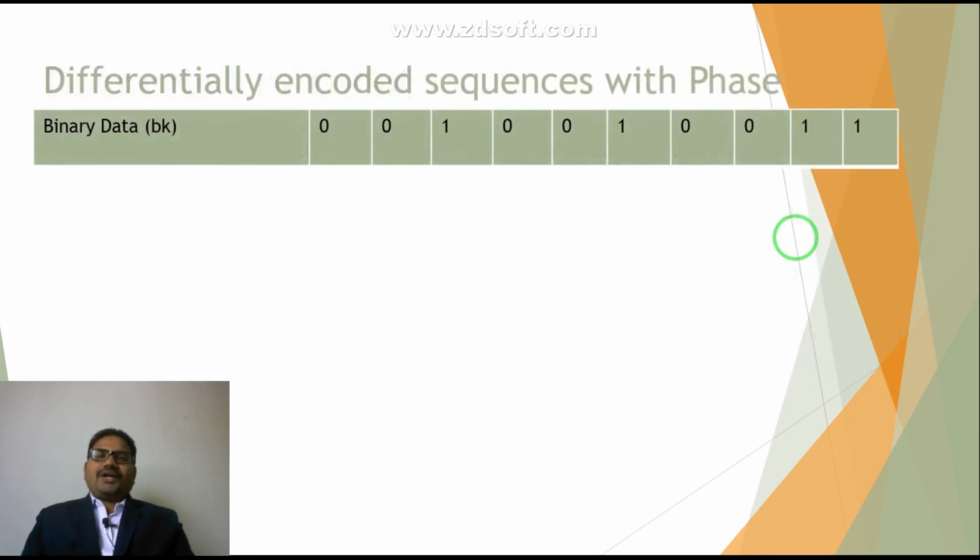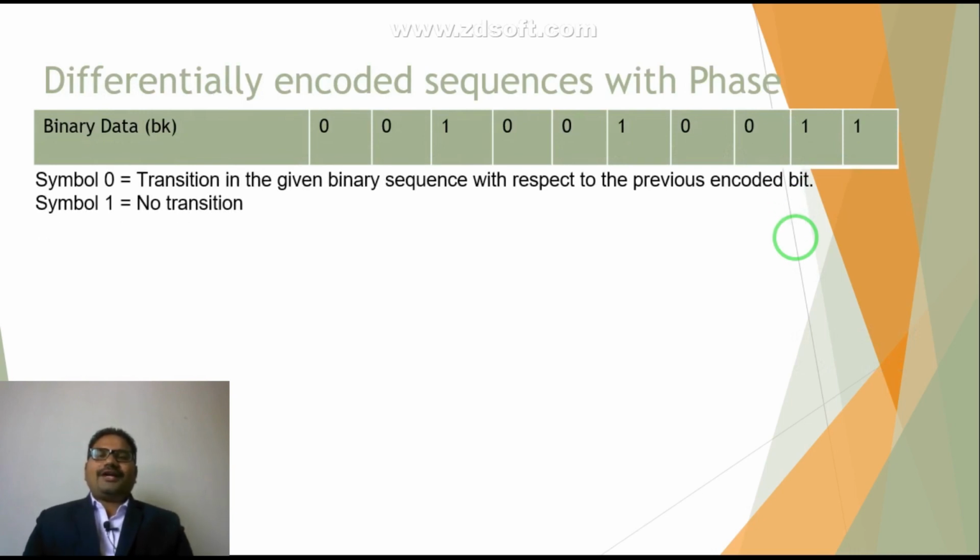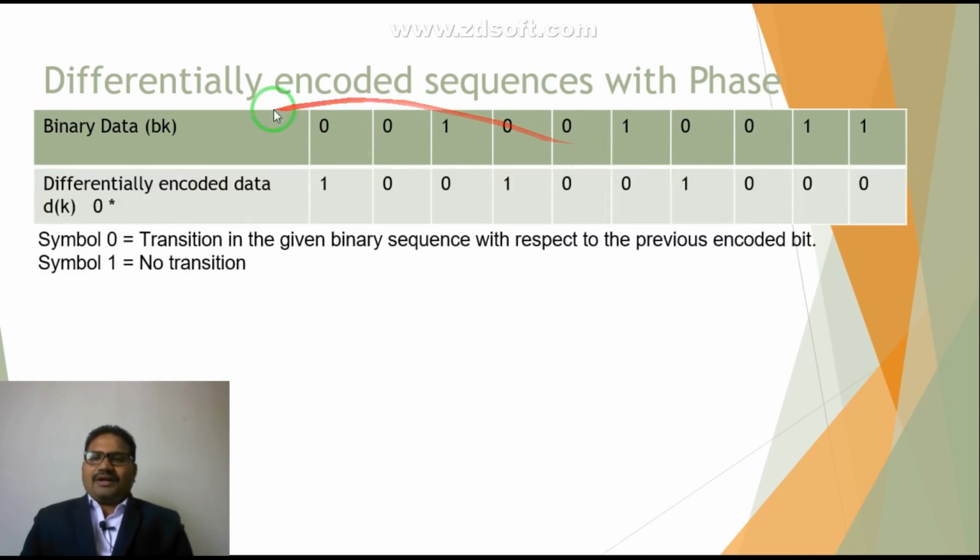Now we are going to see the next table. Here the binary data is the same as we saw in the previous table: 0 0 1 0 0 1 0 0 1 1. But what is the difference over here? The difference is that for the differentially encoded data, the reference bit we have taken as 0.